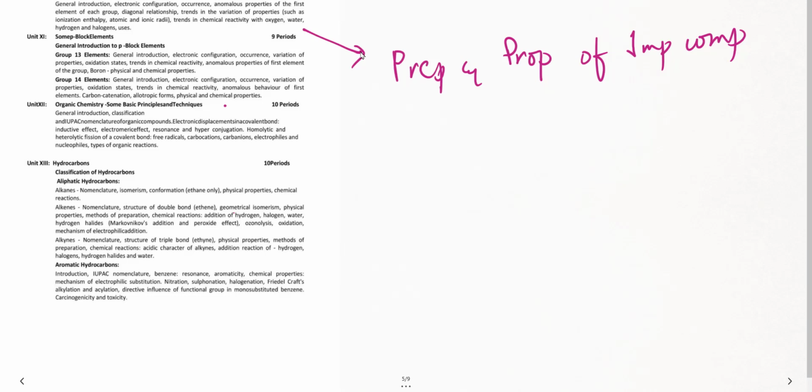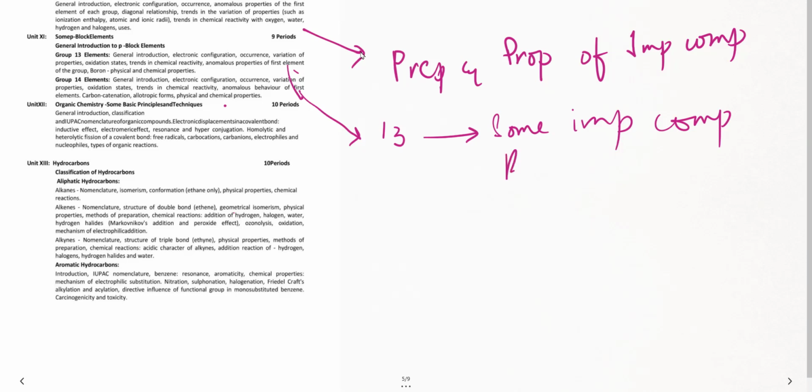Right, students? Yes. Now, when it comes to P block elements, there are little changes in group 13. This is your 13th group. The topic which they have taken out is some important compounds: borax is one, boric acid is one, boron hydride is one.